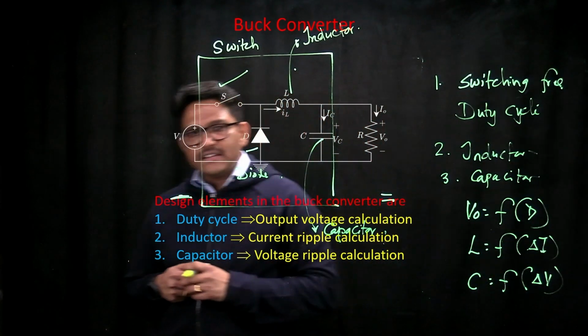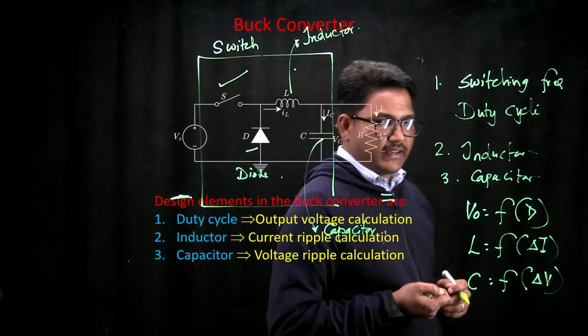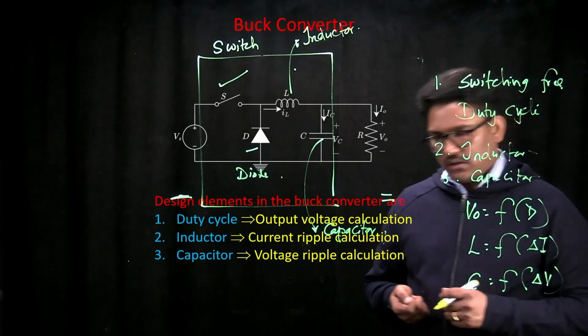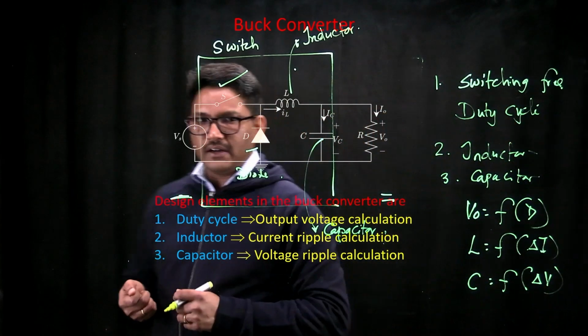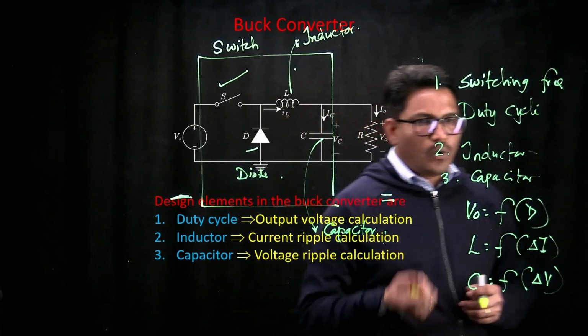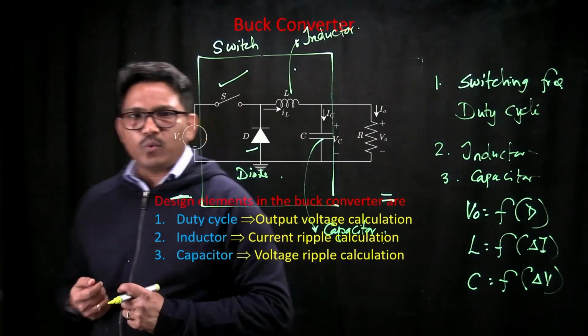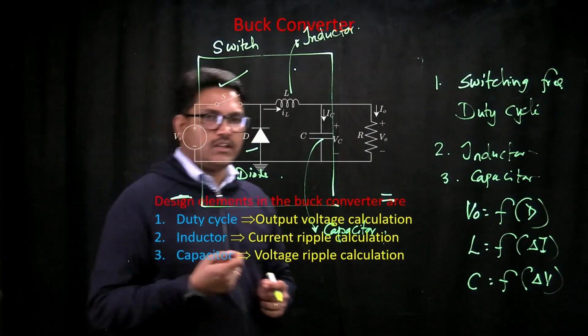If you decide your output voltage, then you know your duty cycle. If you decide your current ripple requirement, then you know the value of your inductance. If you know the voltage ripple that you allow in your circuit, then you will be able to decide the value of capacitance in your buck converter.